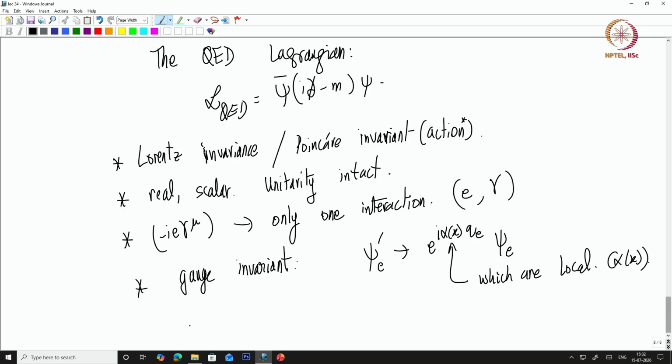This we have seen, please check it again. This local gauge invariance tells you that electric charge is conserved at every space time point.